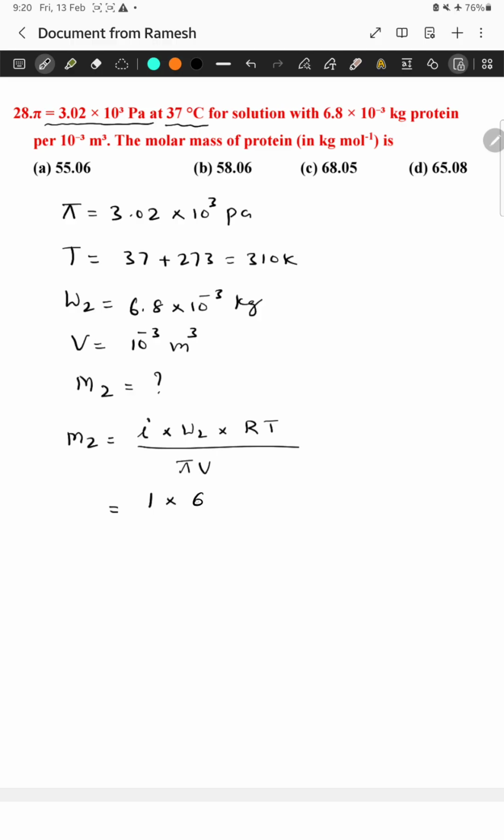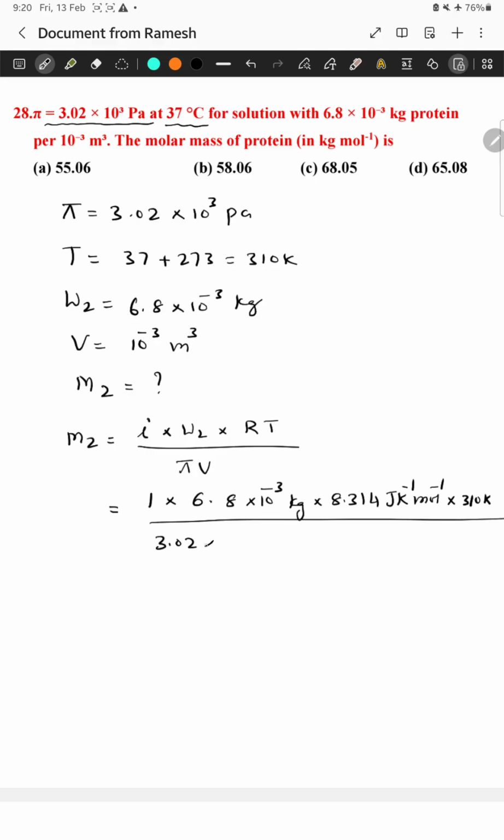W2, mass of protein, that is solute, 6.8 into 10 power minus 3 kg. R value 8.314 joule per Kelvin per mole, and temperature 310 Kelvin, divided by pi value, osmotic pressure 3.02 into 10 power 3 Pascal, into volume 10 power minus 3 meter cube.